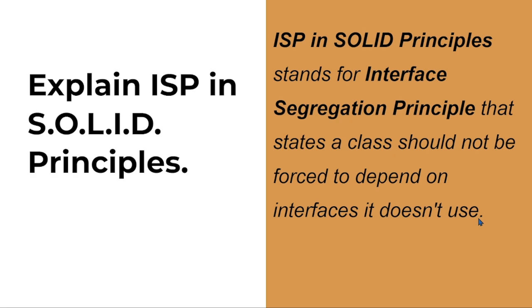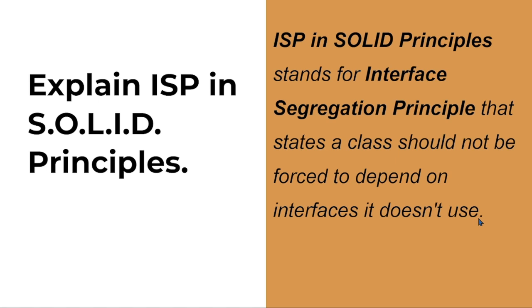So this is not the correct or ideal approach, because maybe the rectangle will not be implementing the same things. In this scenario, what can be done? IShape should be segregated into simple interfaces.